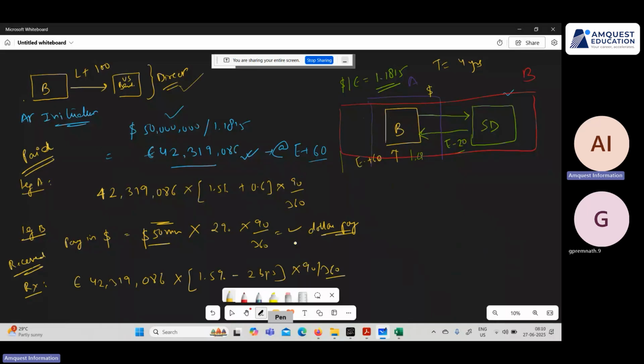Let's just check, and then we will see how much effectively he paid or received, and whether the cost is good or bad. The cost of financing directly would be 50 million multiplied by the US rate, 2%, and then 1%, multiplied by 90 by 360.